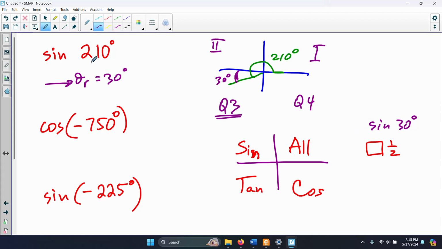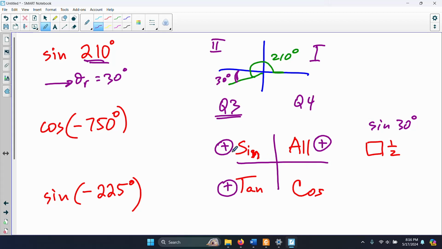In this case, 210 fell in the third quadrant. Well, in the third quadrant, only tangent is positive. By the way, I forgot to mention this: all students take C for calculus. It just tells you where that particular trig function is positive, and the other functions are negative. In the first quadrant, everybody's positive.